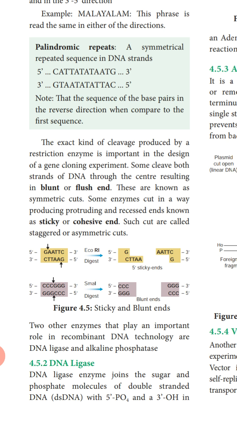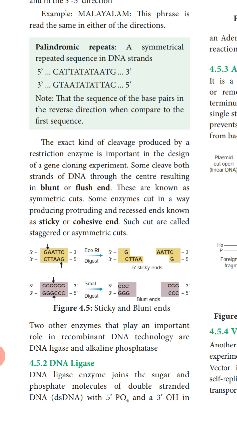As we know, DNA is double stranded, so here the two strands, how is it cutting? One strand gives GCTTAA, and the other, complementary strand is cut to give AATTCG. So this end we call a sticky end.